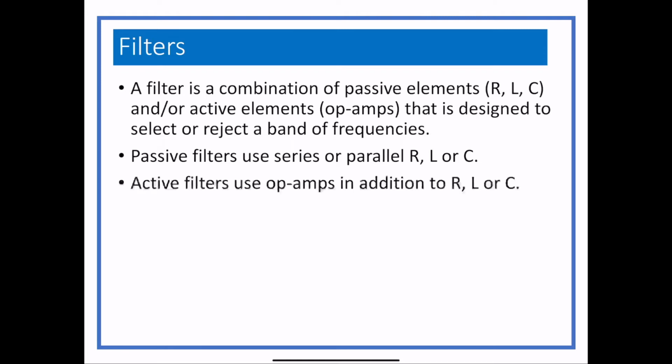But they can also provide some gain to the circuit, which passive filters can't, because passive filters generally work as some type of voltage division. So when you get to the end of the circuit, you always have less than what you started with. With an active filter, you can actually make the signal bigger at the output. That's a good thing.